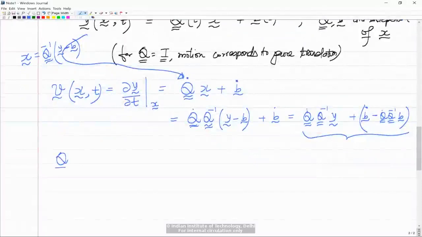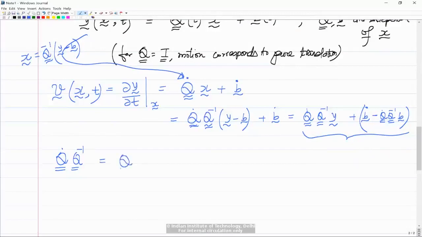What is the property of this q dot q inverse? So all of us know that q is a rotation tensor, right? And therefore q inverse is same as its transpose, right?